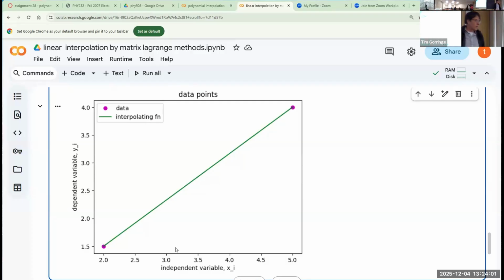Here are the two data points again. This is the plot of the polynomial, poly versus x. So that is that interpolating polynomial.